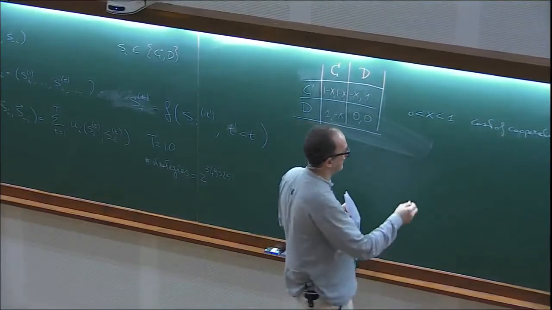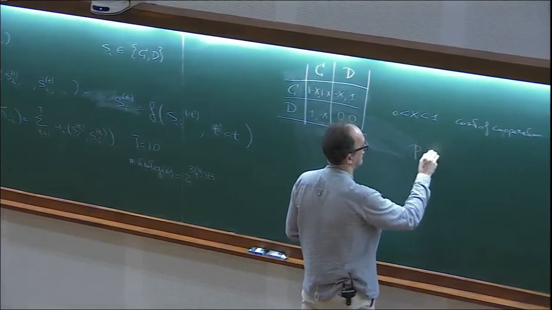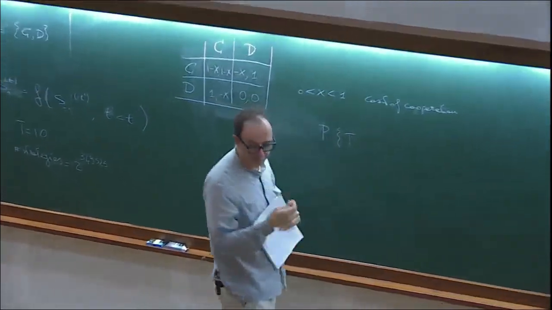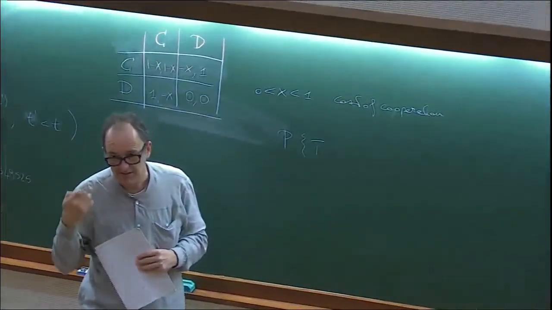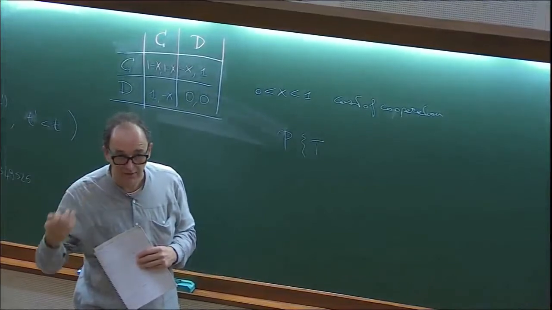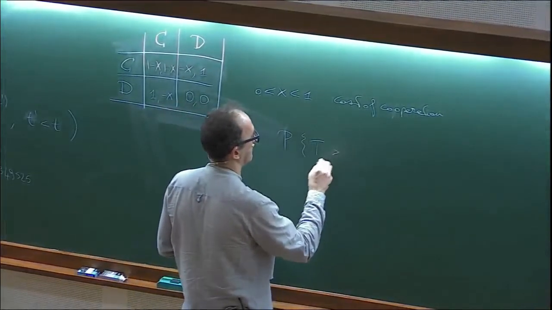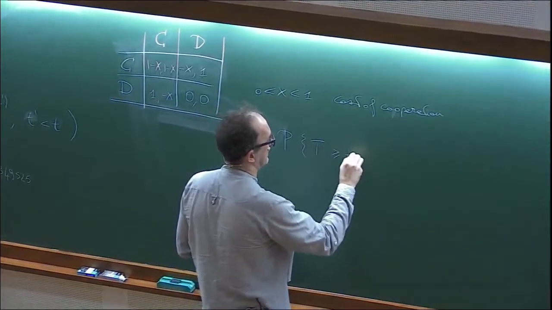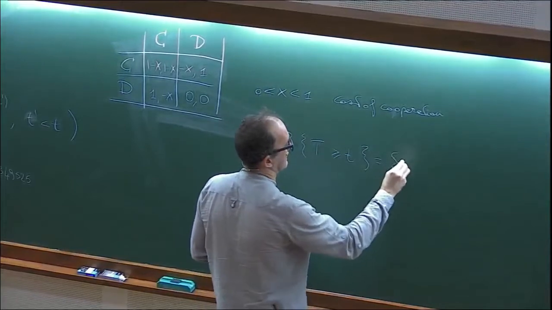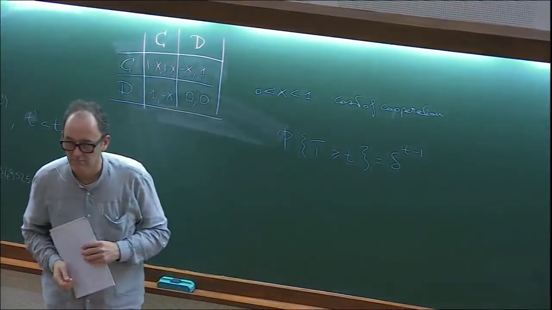Then what happens in that case is that the number of times that the two players play this game becomes a random variable, okay? And the probability that the number of times they play this game is larger or equal to t is equal to delta to the t minus 1, okay?